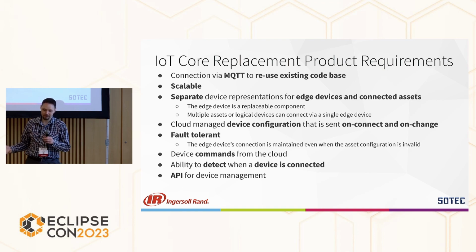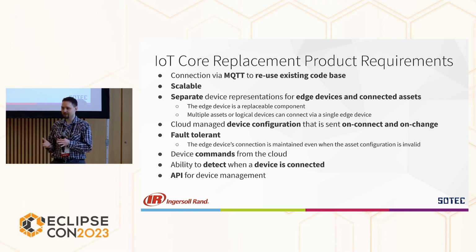They actually had to declare from the device, hey, I'm reporting for this asset, every time it connects. If you're making a scalable system, where different instances communicate through other instances as part of that separate logical gateway and asset, it creates a real challenge.